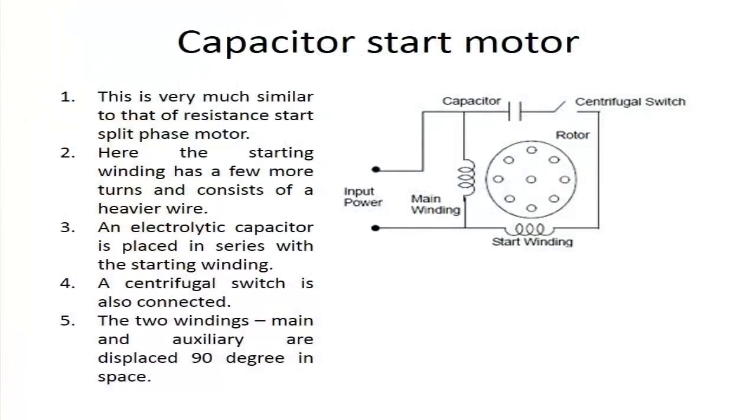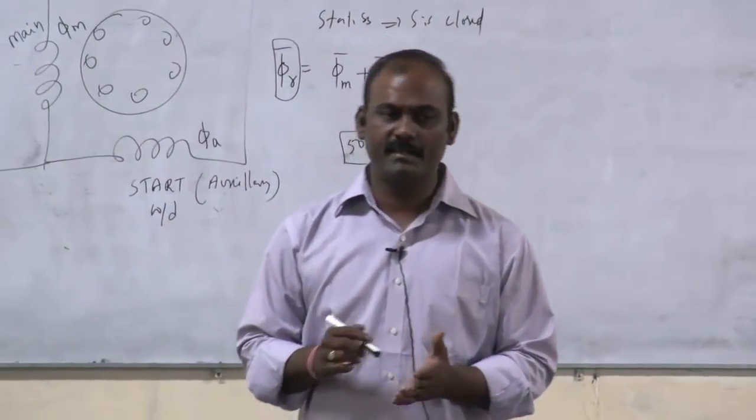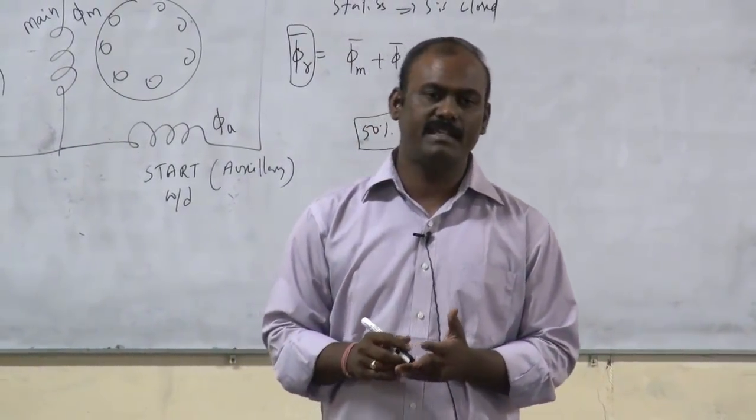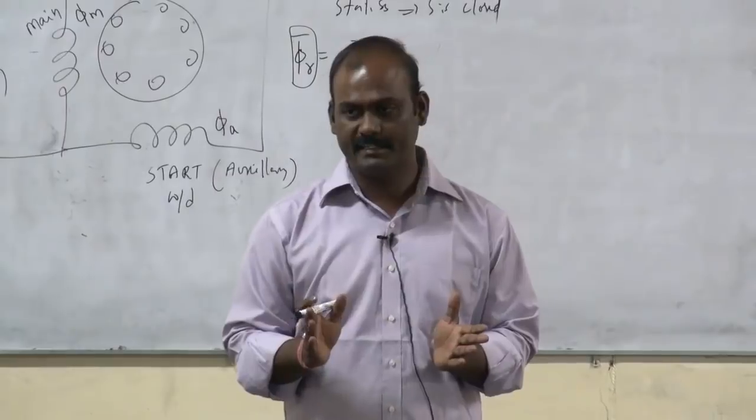And second, capacitor start. So in the same diagram, we can include a capacitor, right? So that is what we called as capacitor start motor, where the capacitor is connected in the start winding, not in the main winding. So now what happens? The resultant flux in between the main field winding and the start winding will be exactly 90 degrees, right?